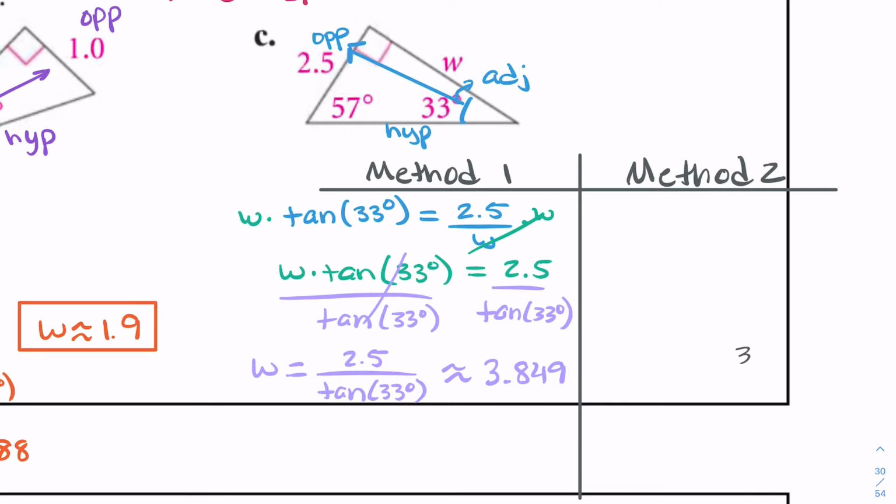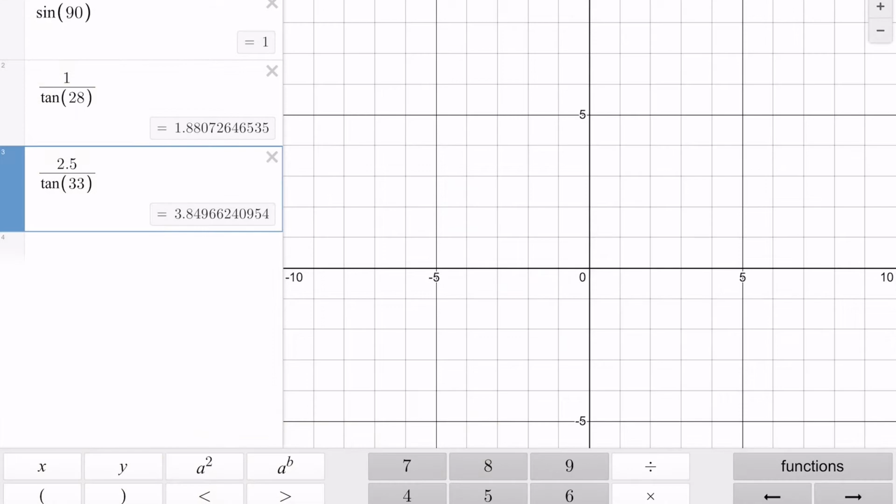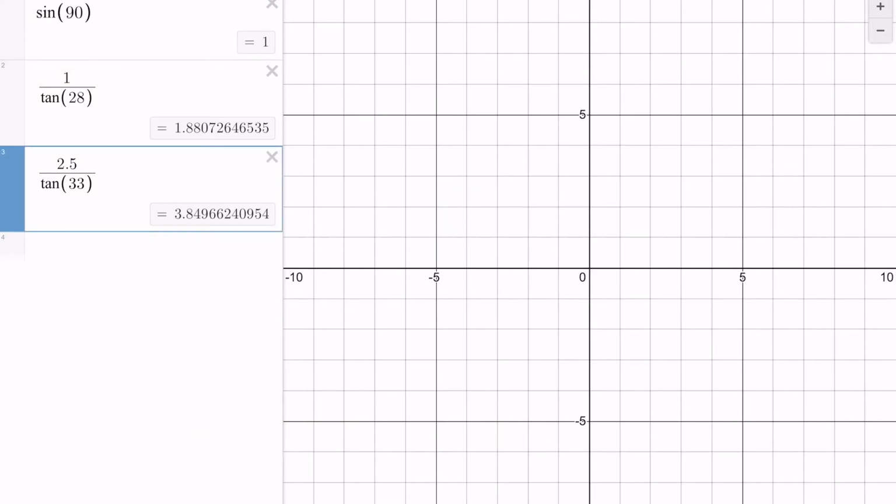Even the 9 rounds up, but in this case we're only interested in the 4. What you can't do is round that 9 up, then round that 7 up, and keep rounding, rounding, rounding.